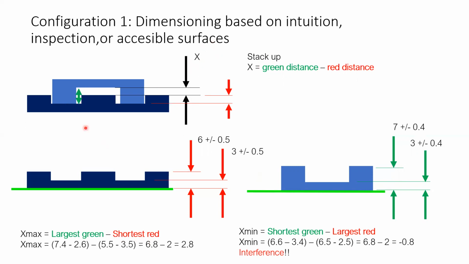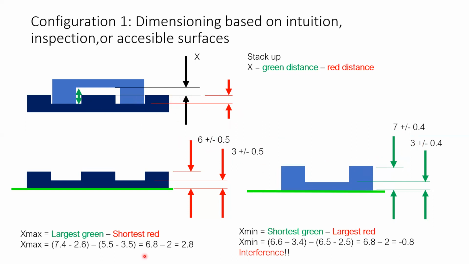But to get this green distance, we need to use two dimensions and two tolerances, because we don't have a direct dimension representing it. So we need to subtract this distance minus this distance. Same for the red distance: we need to subtract the two of them to get the distance we are looking for.